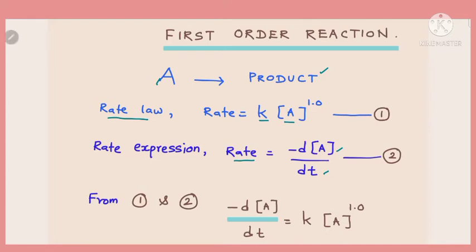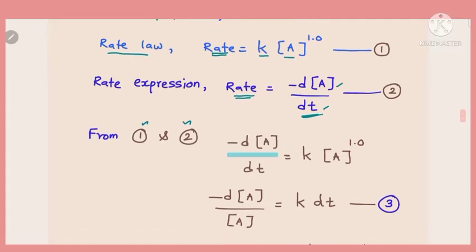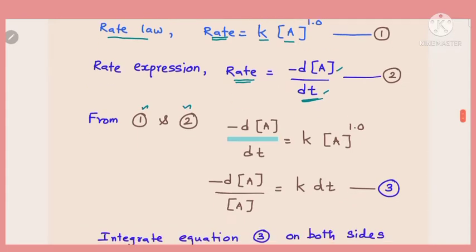Both are rate equations, and the left side is the same in both, so we can equate the right sides. From equations 1 and 2, minus dA by dt is equal to K into concentration of A power 1. A power 1 is nothing but A.